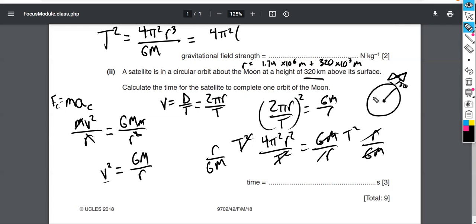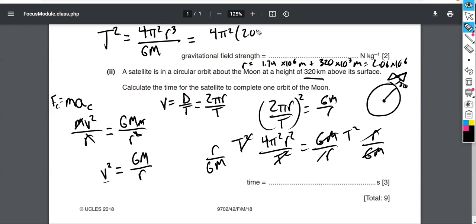Again, we consider that all the mass of the moon exists at its center, so that an object on its surface would feel 1.6 newtons per kilogram. That is the force acting on each unit mass on its surface, that we calculated a moment ago. 1.74 by 10 to the 6 plus 320 times 10 to the 3 is 2.06 by 10 to the 6.